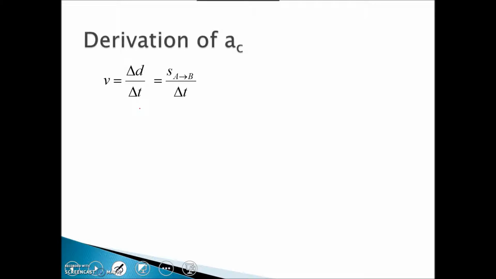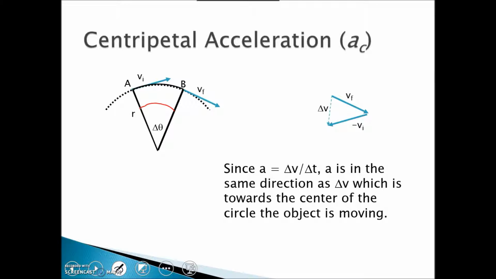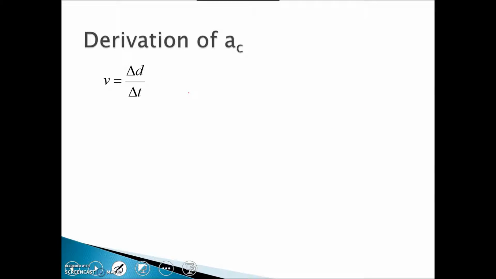S is the arc length between A and B. When we're dealing with a circle, the arc length is the radius times the angle. Going back to our picture, it's this angle right here, and that angle is measured in radians, not degrees, so the calculation has to be done in radians.